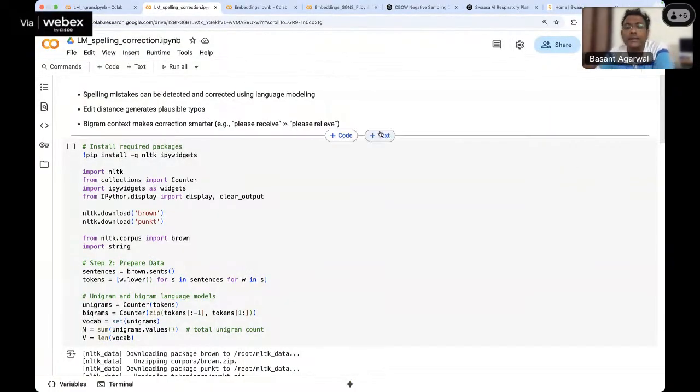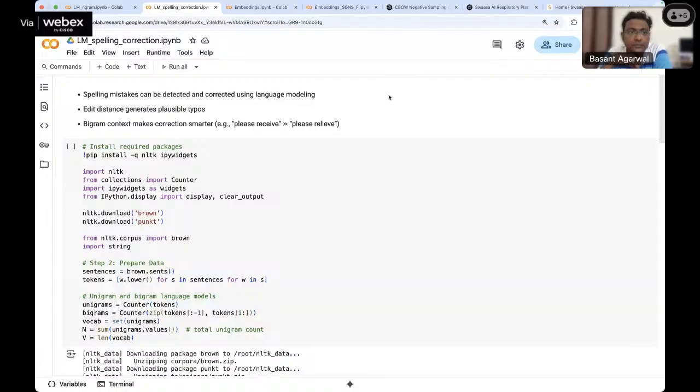No, okay. So in this experiment, we have seen that language modeling can also be used for spelling correction. I prepared this experiment in which we are using language models to detect spelling mistakes.